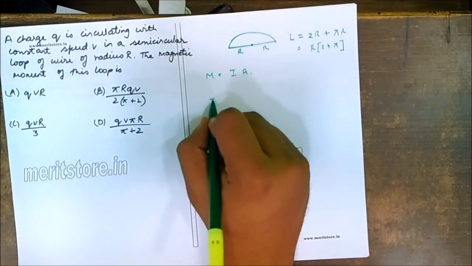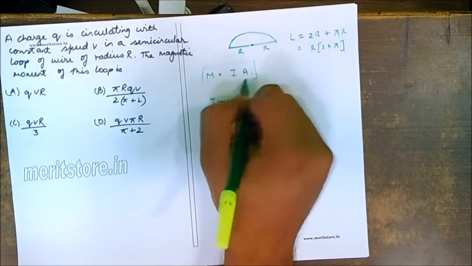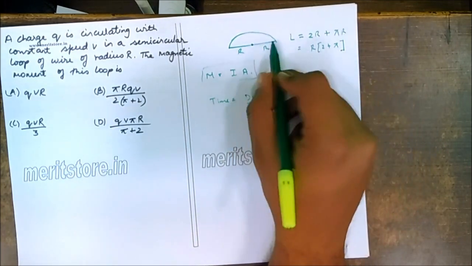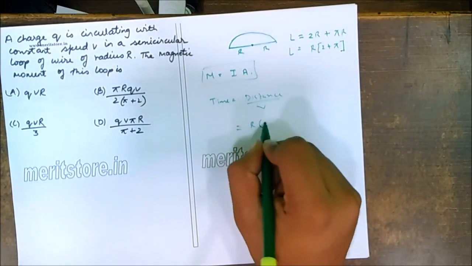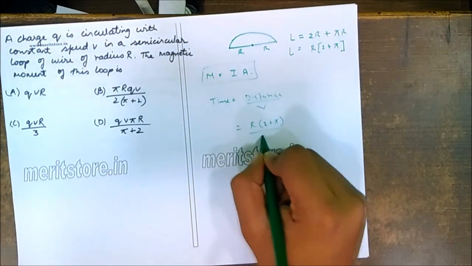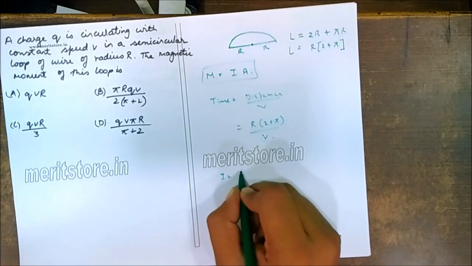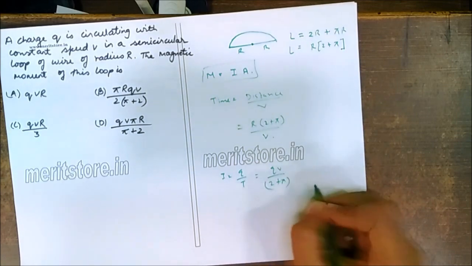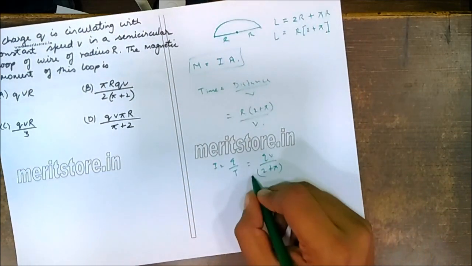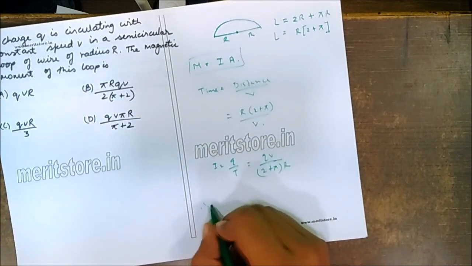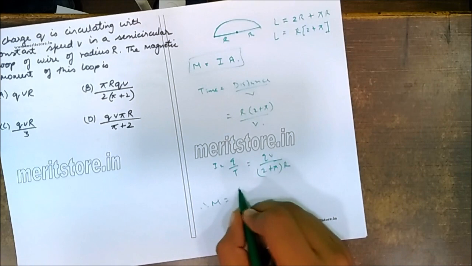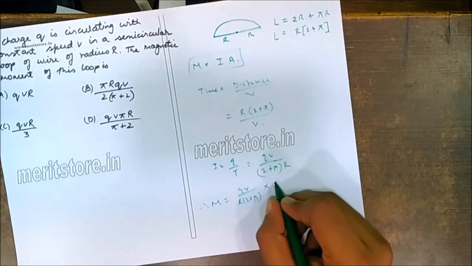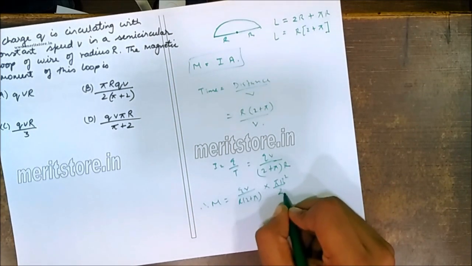Now time required is equal to distance covered upon velocity. So distance covered is this total length, which is R into 2 plus pi, upon velocity. Also current is equal to q upon T, that will be q v upon 2 plus pi into R. Now we got I, therefore I will be replaced as q v upon 2 plus pi into R, into area of the semicircular loop, which will be pi R square upon 2.